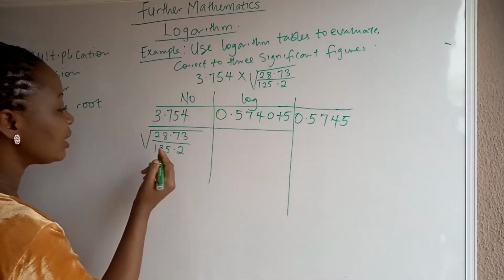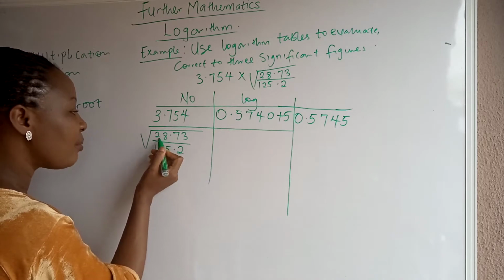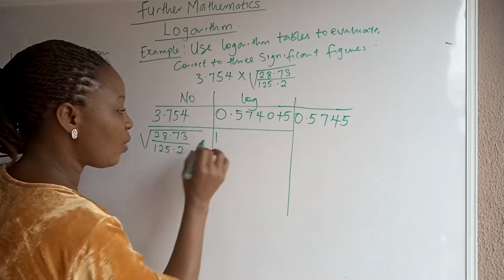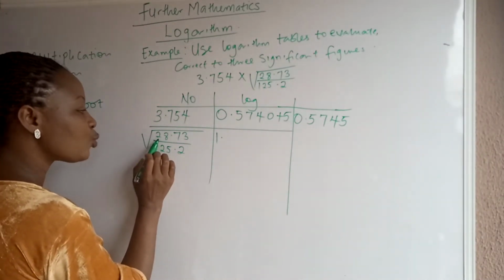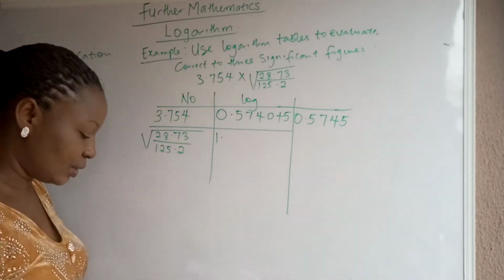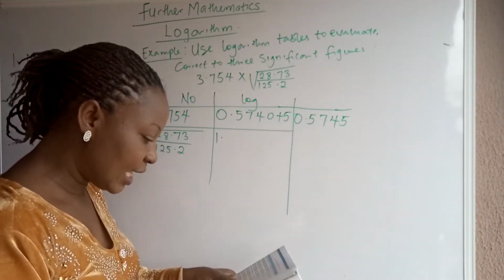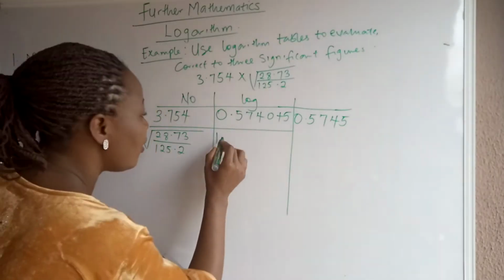Then I'm going to pick the second one. The second one, I'm going to first of all count the number before the point. This is 1, 2, so it's going to be minus 1, that's 1 point. Then I'm going to look for logarithm of 28 under 7. I'm going to pick the logarithm table. 28 under 7, that's 4579.